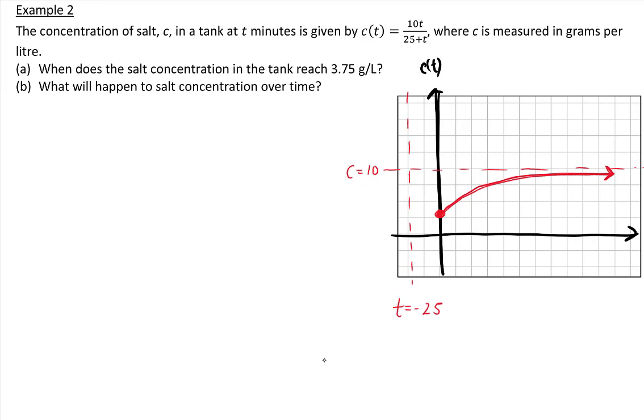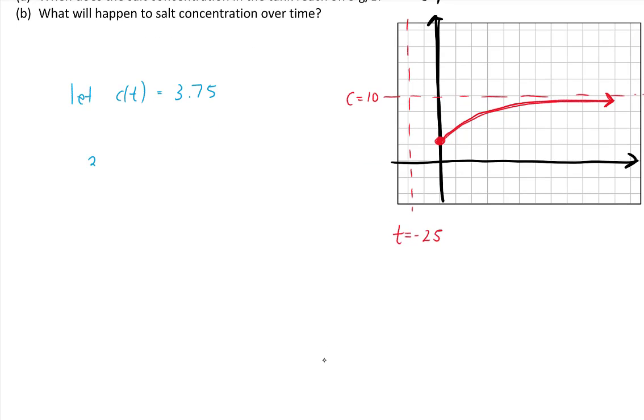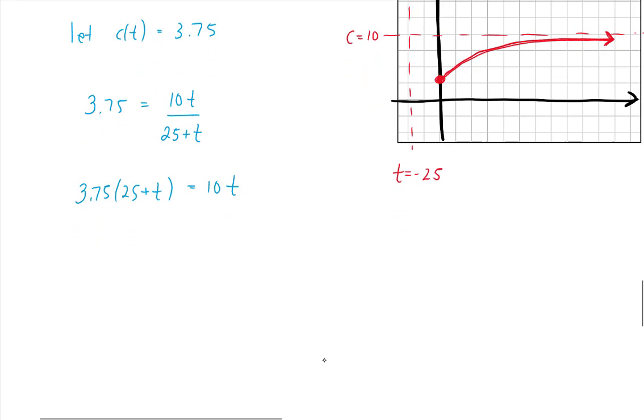So when does the salt concentration reach 3.75 grams? So we're going to let C(t) equal 3.75. So next, let's sub that into our equation. We can cross multiply, remembering that we can't have a t value of -25. Next is to expand and solve for t.